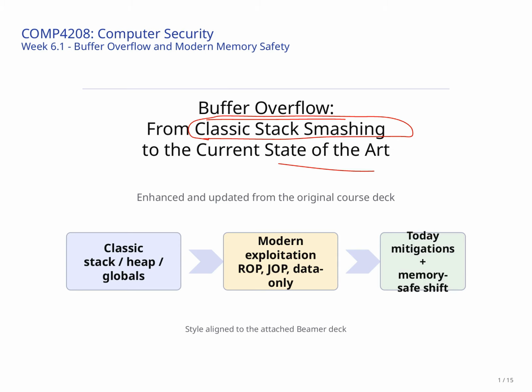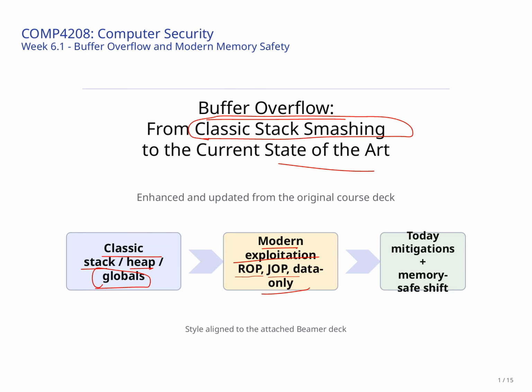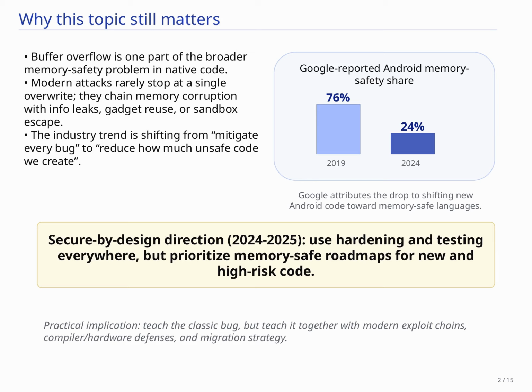So in a normal operation, these buffer overflows happen from the classic and heap and the globals overflow. So the modern exploitation in buffer overflow is done with ROP, JOP, and data attacks, which we will see. And today mitigations are usually happening with the memory safe shifting of the operations.